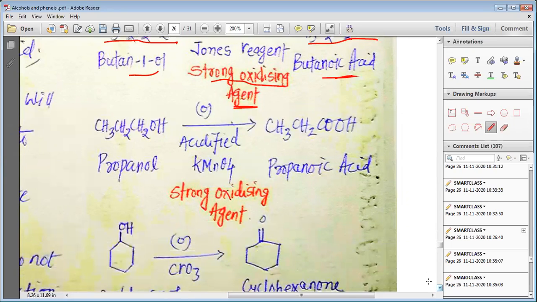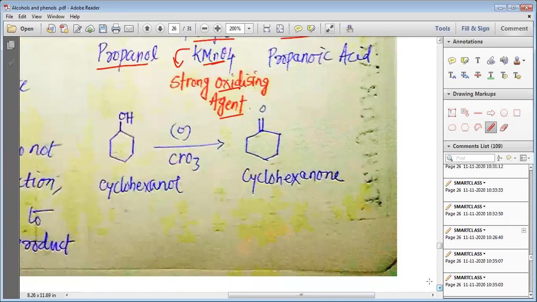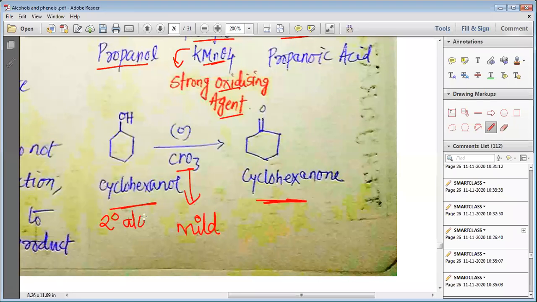Same way, my dear students, if you take propanol and oxidize it with the acidified KMnO4, this acidified KMnO4 is also a strong oxidizing agent. Then you get propanoic acid, CH3CH2COOH. Same way, if you take cyclohexanol and allow it to oxidize with the mild oxidizing agent CrO3, you will get cyclohexanone because cyclohexanol is a secondary alcohol.